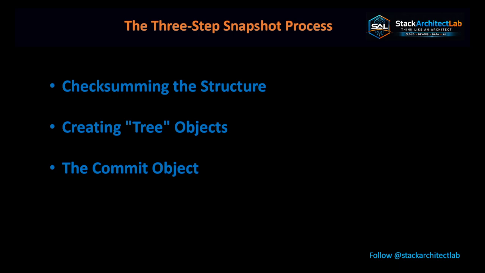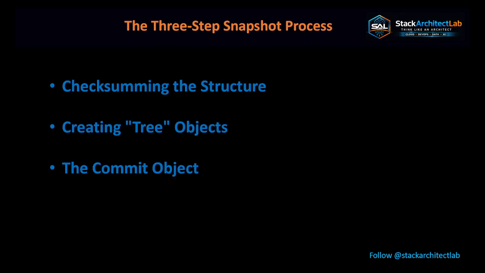I will show you a pictorial representation in the next slide, but for now just understand tree objects. Git saves these directory states as tree objects, and think of a tree object as a digital map, or graph, of a folder. It lists the file blobs and any other subfolder, another tree, inside it.